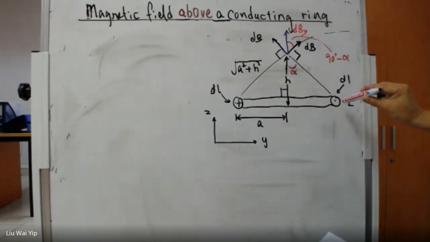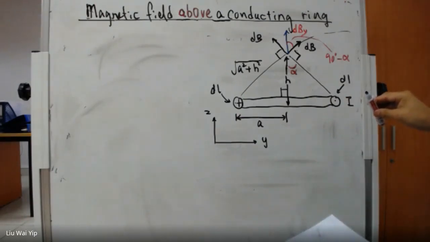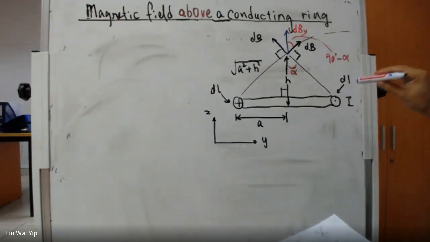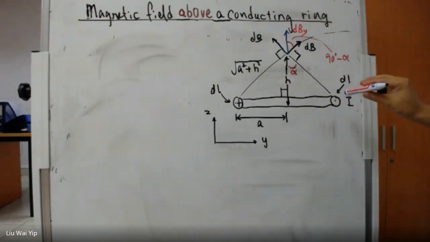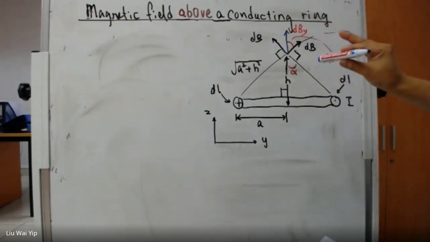The delta L at this segment is pointing outward to the right, while dB is pointing this way.